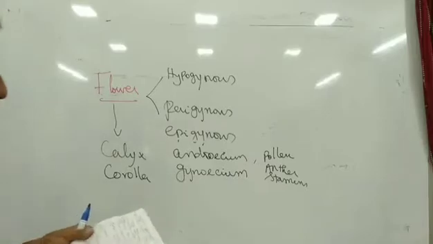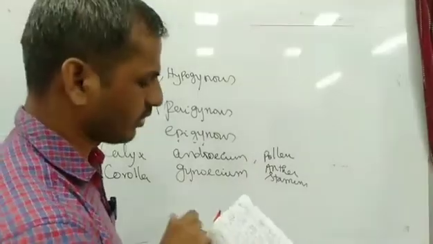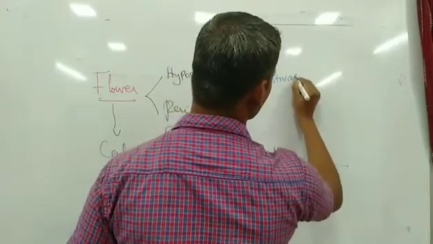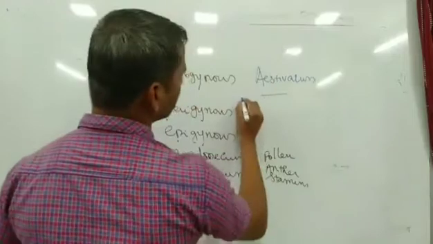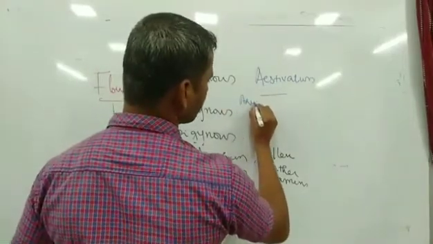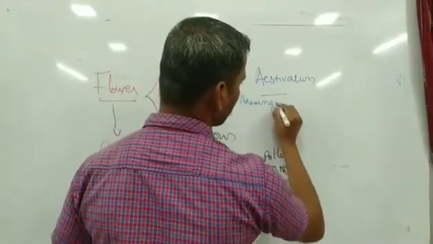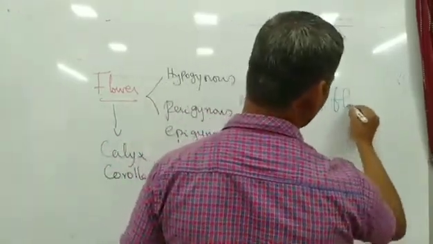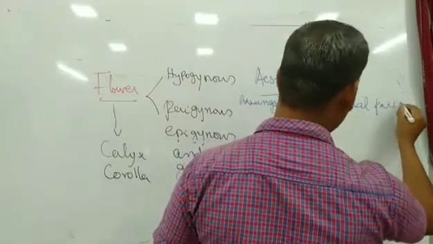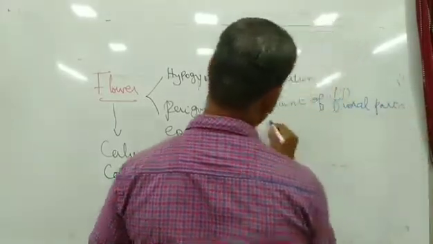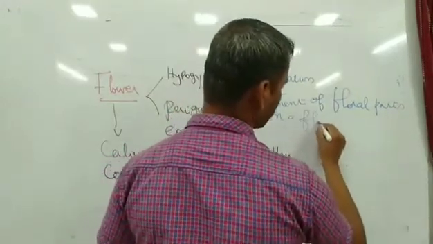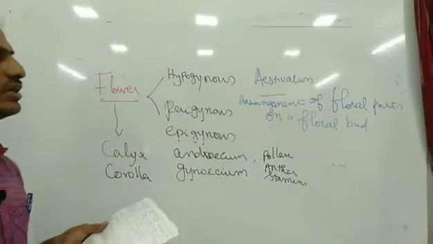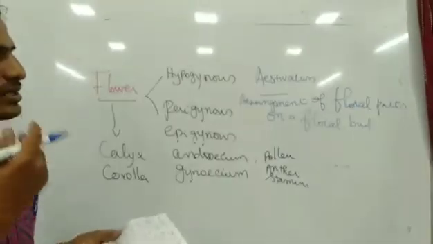Now in the flower we are going to see aestivation. Aestivation is nothing but the arrangement of floral parts on the floral bud.